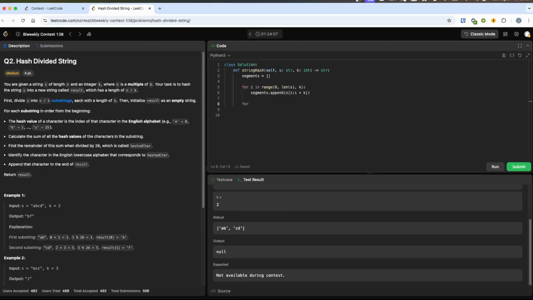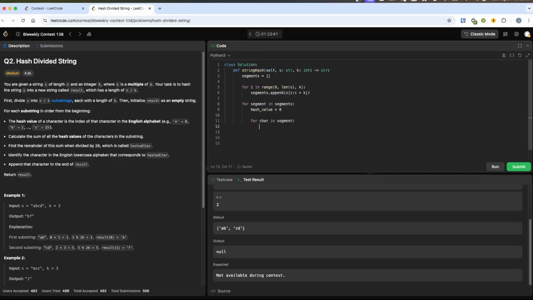Now what we want to do is go through all the segments, and basically calculate a hash value. So the hash is 0 for calculating each segment.